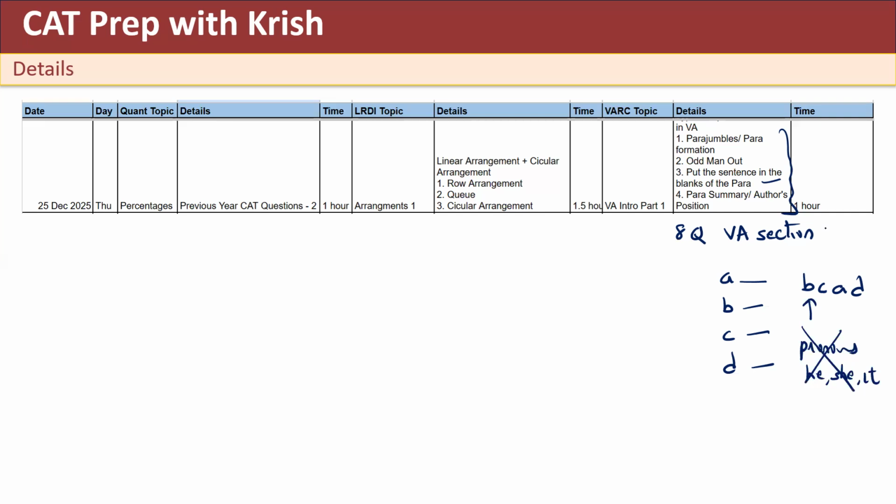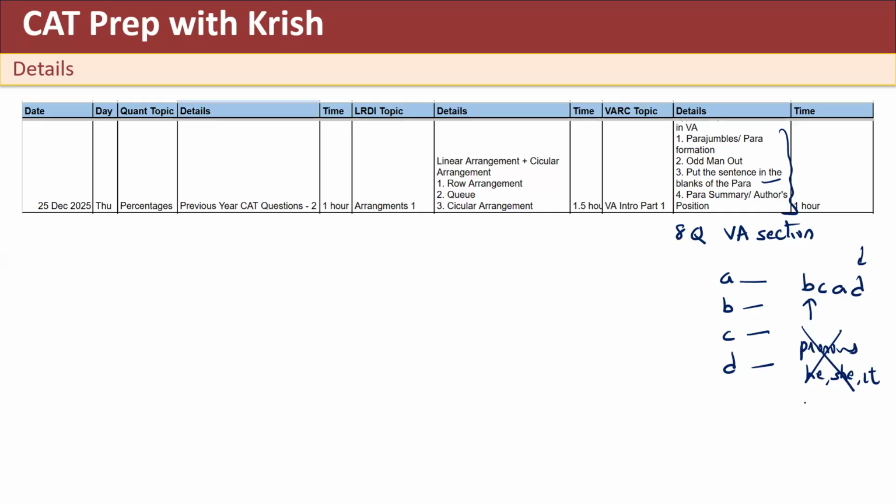And also the last sentence is generally a conclusion of the entire paragraph. So when you're trying to arrange them in an order, make sure that the first line does not start with a pronoun, and the last sentence is generally a conclusion or a closing statement.